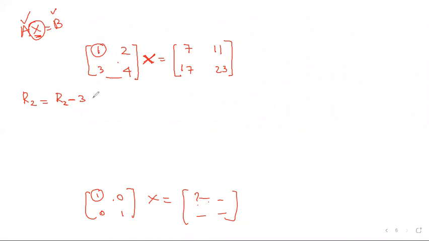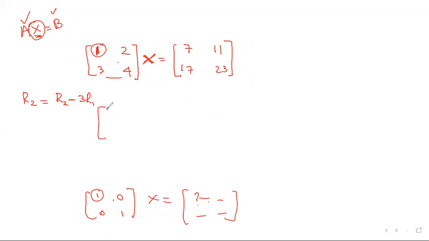I will multiply the first row by 3 and subtract. Is it fine with everybody? I wanted to make this 3 into 0. Do you agree with this statement?